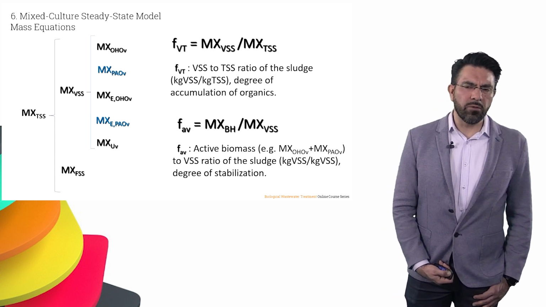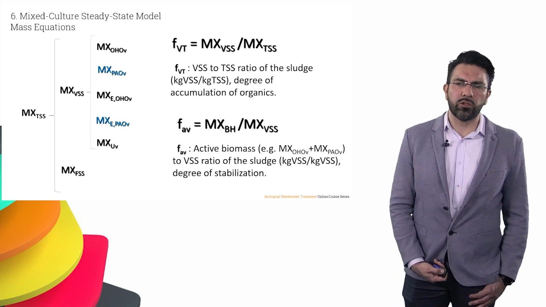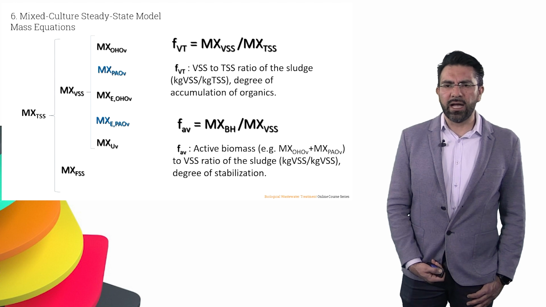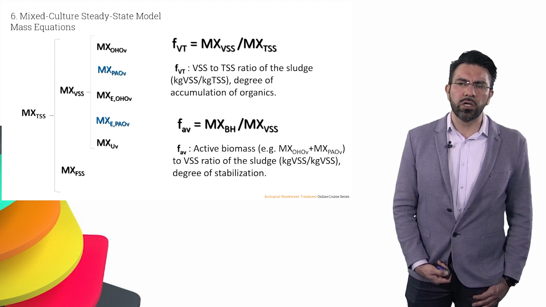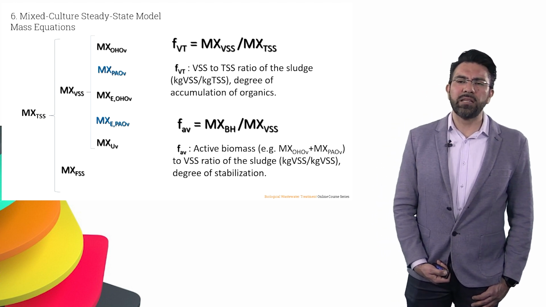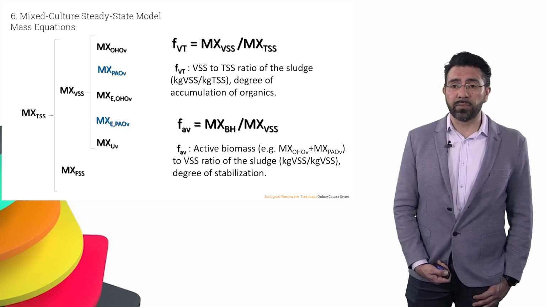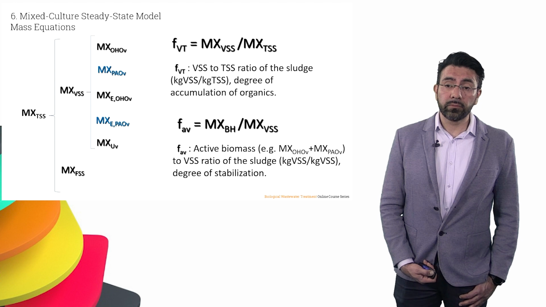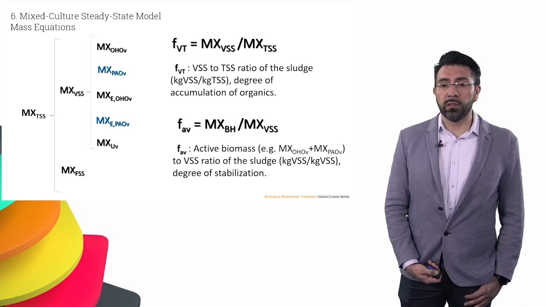The active biomass, excluding nitrifiers (if nitrification takes place, we need to add them), is composed of the mass of ordinary heterotrophic organisms plus the mass of phosphorus accumulating organisms, divided by the total mass of volatile suspended solids in the system. The lower the value, the more stable the sludge is considered to be.